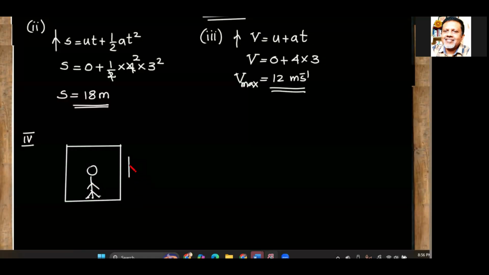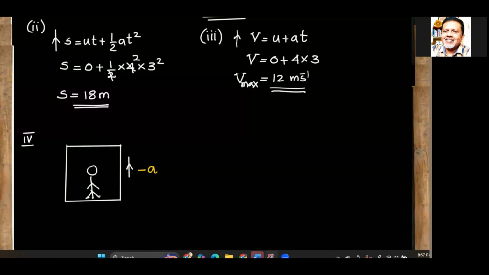Actually this is moving upward still with a negative acceleration. That is what you call the retardation, minus A. It is going to stop at a particular level. So that is why it is moving with minus A. So we have to find the magnitude of this A.